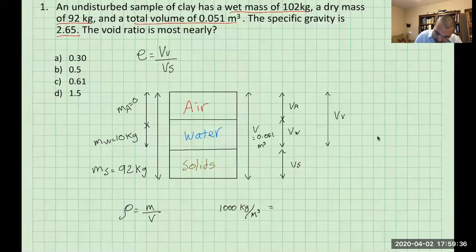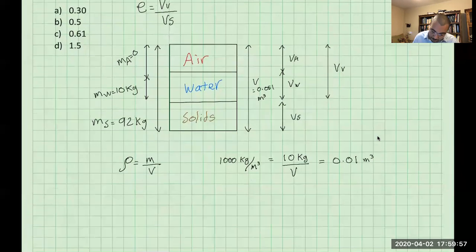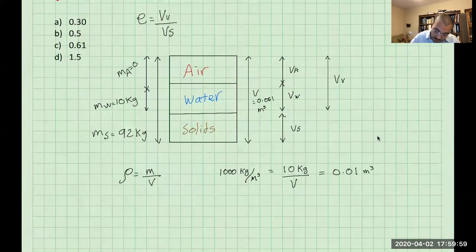That's equal to the mass that we have, 10 kilograms, divided by the volume. And we need that volume of water. This will equal 0.01 cubic meters. So we have determined the volume of water.